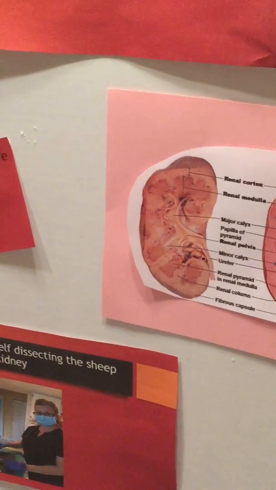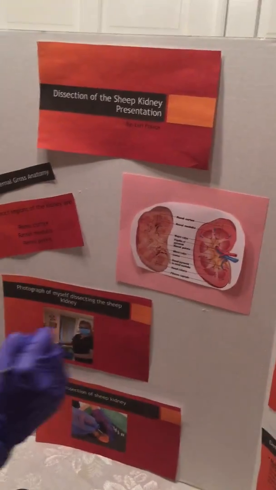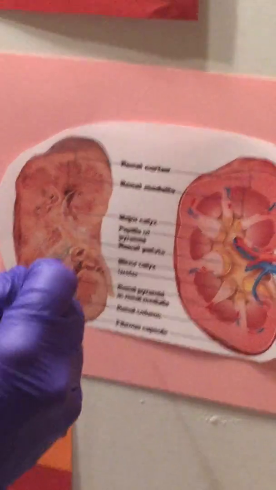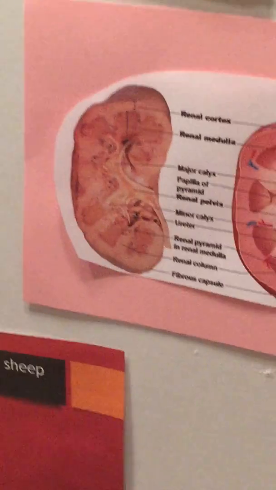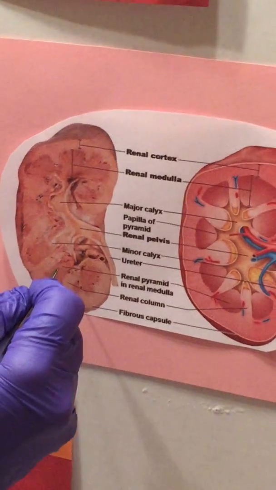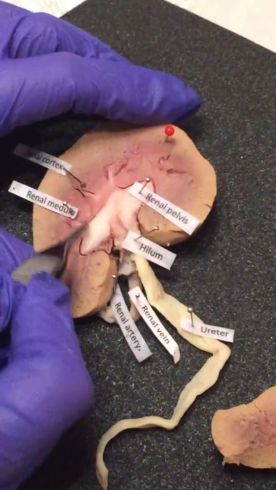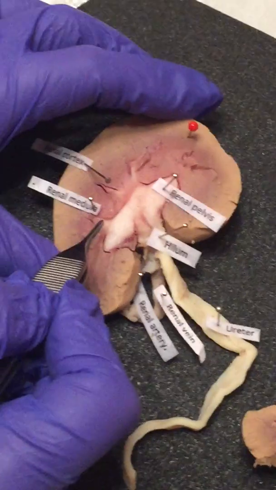What it does is filtrate, and it's the ultrafiltration system of the kidney. Then we're going to go to the renal medulla, which is the inner, darker portion of the kidney, and it consists of the renal pyramids, which are located in here. You can't really see them that well. You can maybe see them in here a little bit more, but they're difficult to identify.